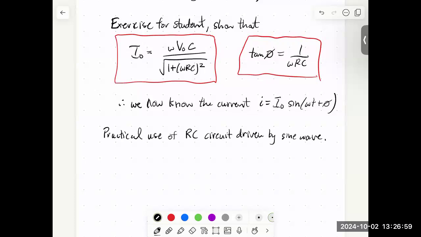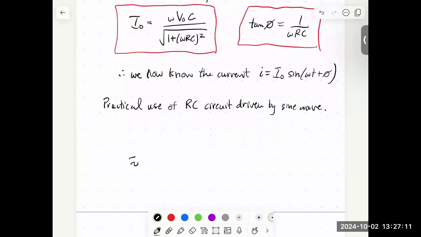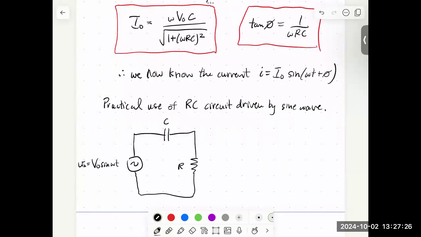To see this, I'll draw the circuit again, and we're going to consider the output as being measured across the resistor. So we started with our function generator. V in was V naught sine omega t. And then we had our capacitor and our resistor like so. So here's C and here's R. And I'm going to measure the V out across the resistor.